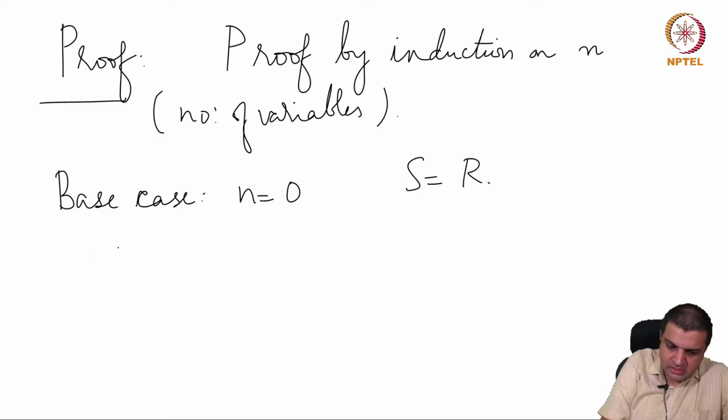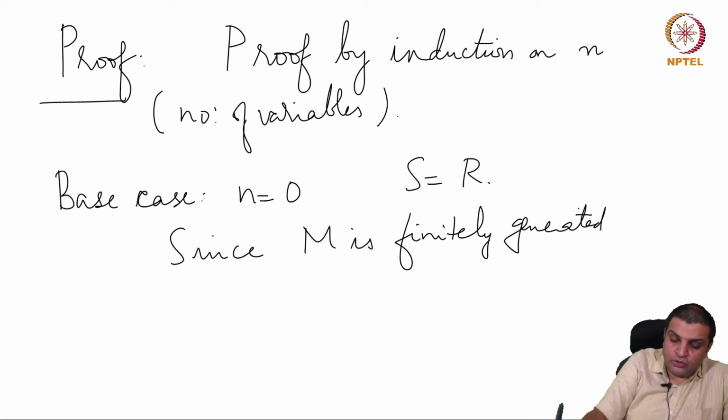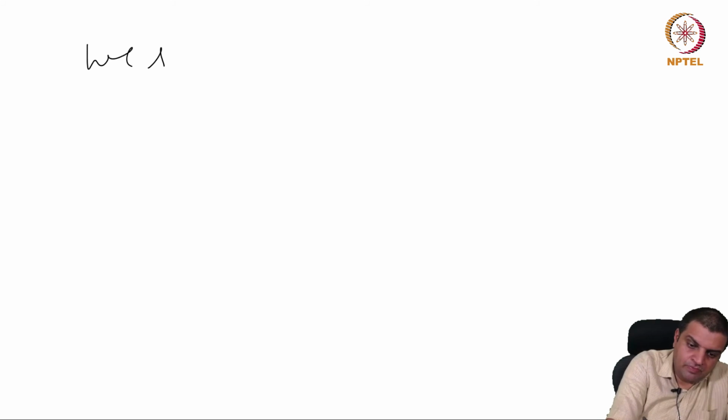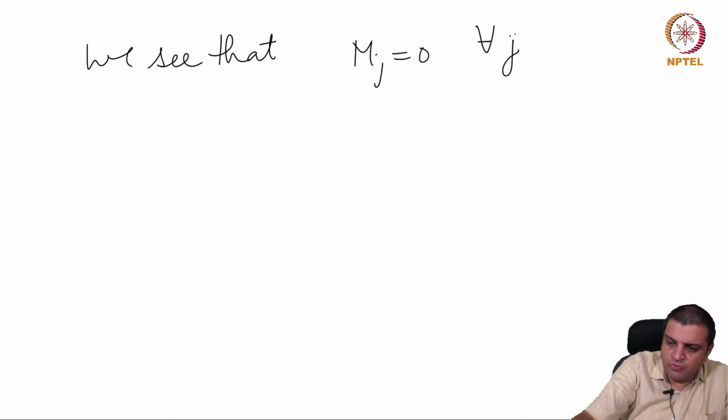Since M is finitely generated, now also as an R-module, because this is R, we see that Mj must be 0 for all sufficiently large j and sufficiently small j.